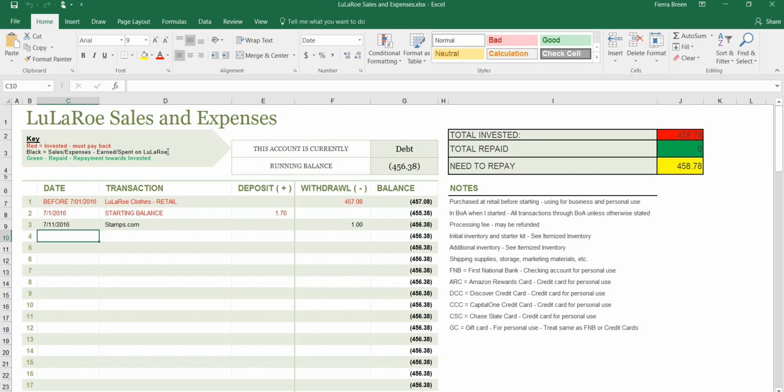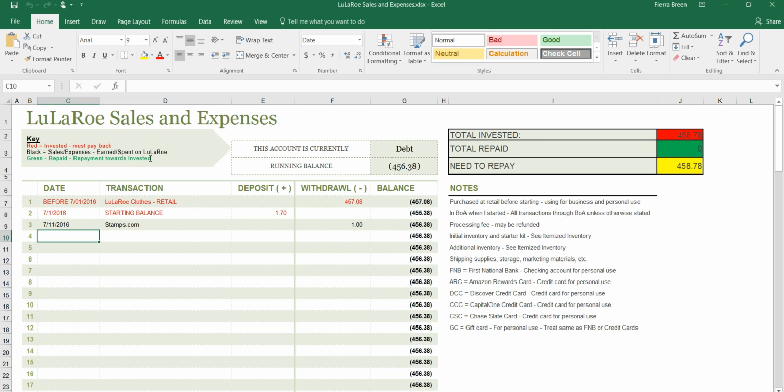So if I buy shipping materials from my LuLaRoe account, which is my Bank of America account, abbreviated BOA, like right here, that will just come out of the Bank of America account as an expense. That will be business money and it will just stay in Bank of America.